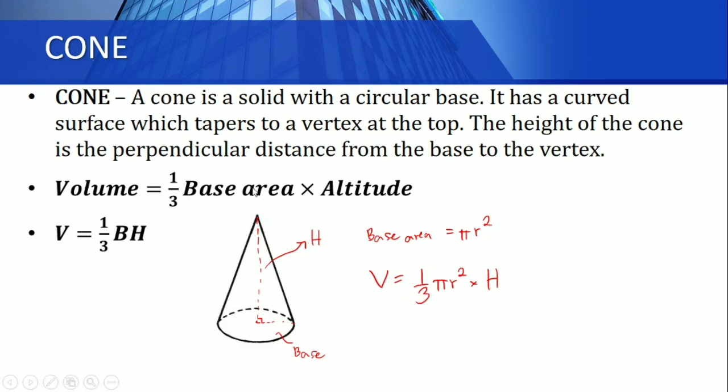So yung base area natin is equivalent to pi r squared, yung area lang ng circle. So substitute natin, volume will be equal to 1/3 times pi r squared times yung height. So yung height natin or yung altitude ng cone, perpendicular dapat siya dun sa base natin.